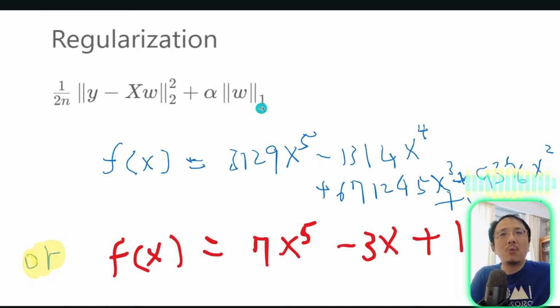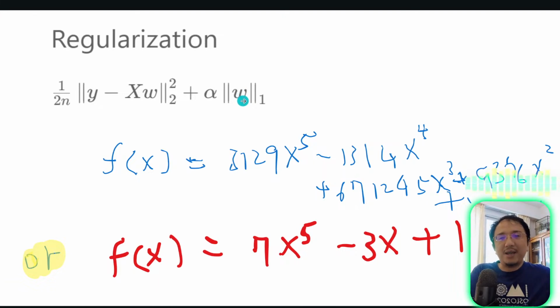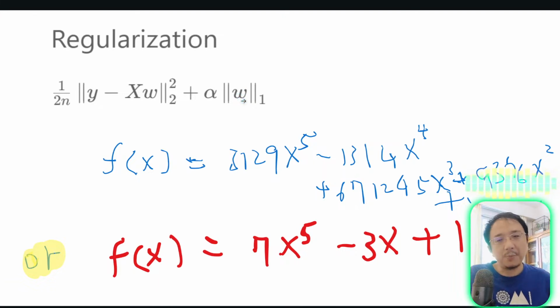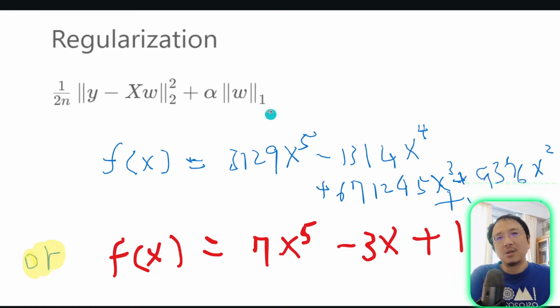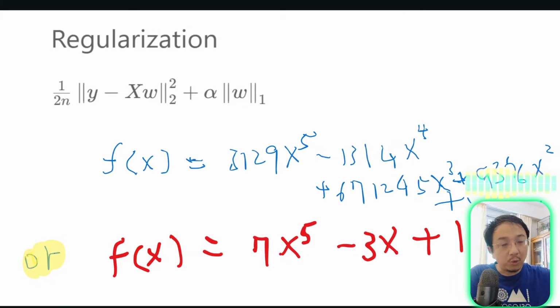So why do we want to have a penalty when the L1 norm of omega is too large? Before I explain what the L1 norm is, a norm is kind of a measure of the size of things, like the length of a vector. That is the L2 norm.